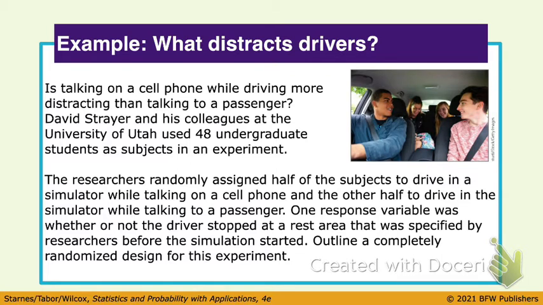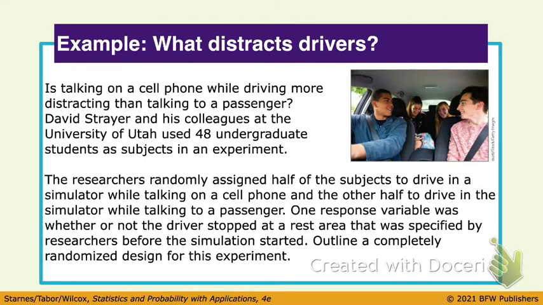The researchers randomly assigned half of the students to drive in a simulator while talking on a cell phone, and the other half to drive in a simulator while talking to a passenger. One response variable was whether or not the driver stopped at a rest area that was specified by researchers before the simulation started. We're going to outline a completely randomized design for this experiment.